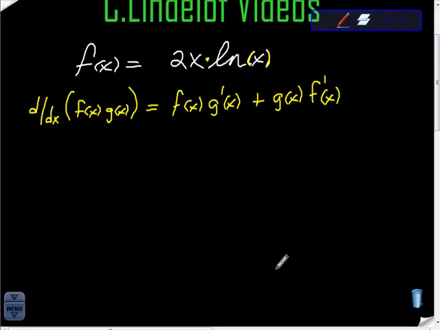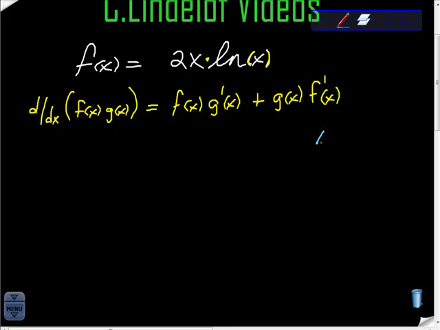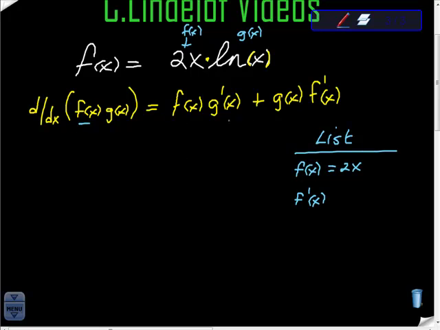Okay, let's move on quickly. This is how I do all of my calculus. I just build lists because it's methodical. It's a way not to make stupid screw-ups. I'm going to call this function f of x and this second function g of x. So f of x is 2x, and the first derivative of 2x is simply 2, isn't it?